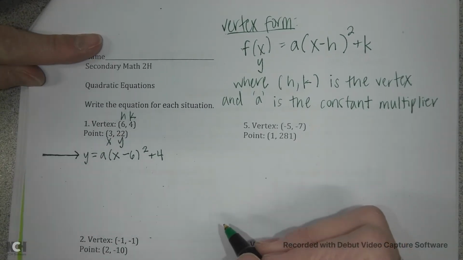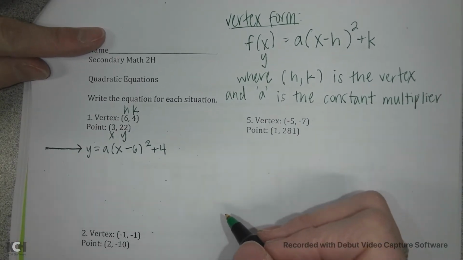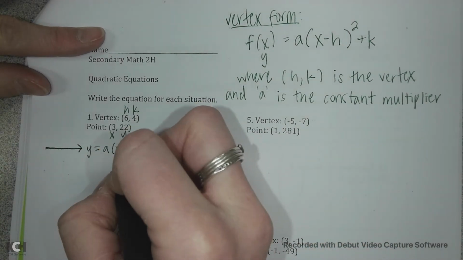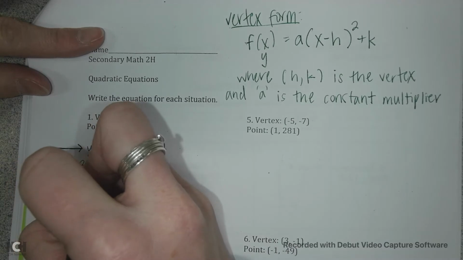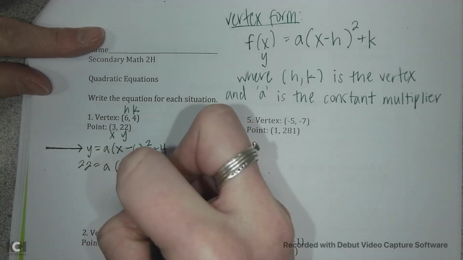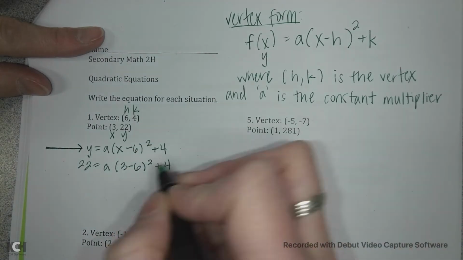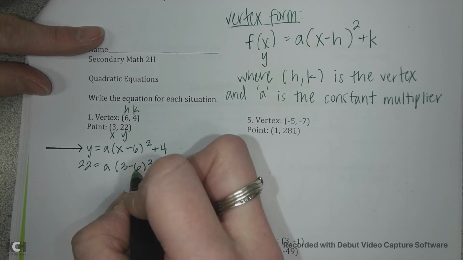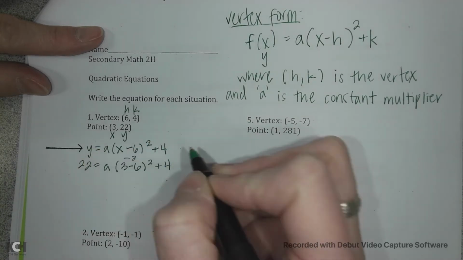So now we're going to solve for a. We're going to put the y value in where the y is and the x value in where the x is. Okay, so we've got 22 equals a times 3 minus 6 squared plus 4. So we're going to simplify this. 3 minus 6 is negative 3.